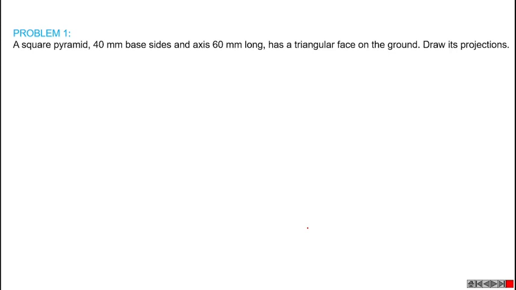First problem: a square pyramid, 40 mm sides and axis 60 mm long, has a triangular face on the ground. Draw its projections.